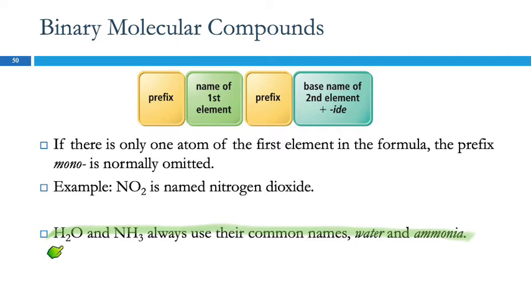So H2O would be dihydrogen monoxide, and ammonia would be nitrogen trihydride. And I will know what they are if you call them that, but everybody calls them water and ammonia because they're so common. Any questions?